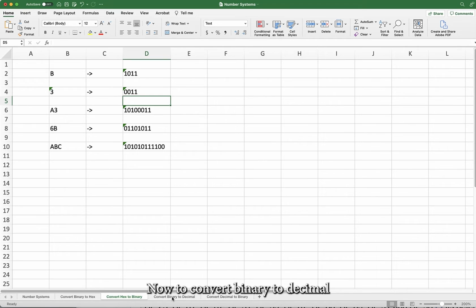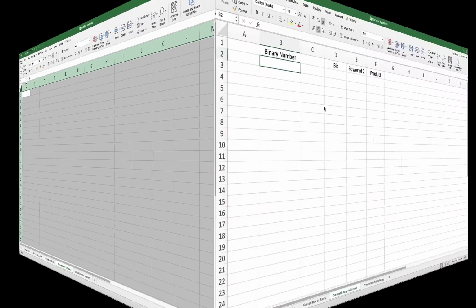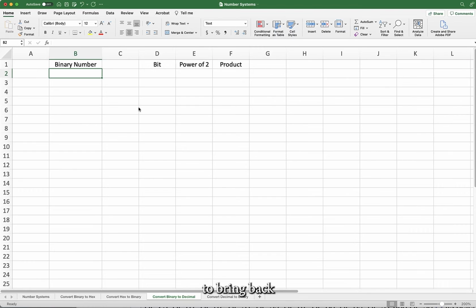Now, to convert binary back to decimal, I have a couple of columns here. The first column is going to be what number it is.